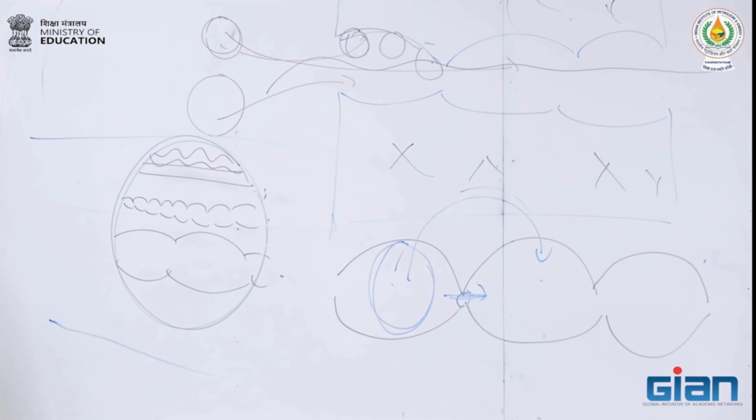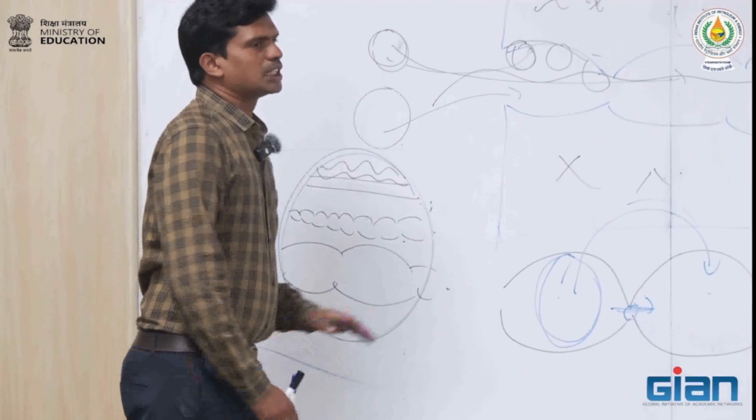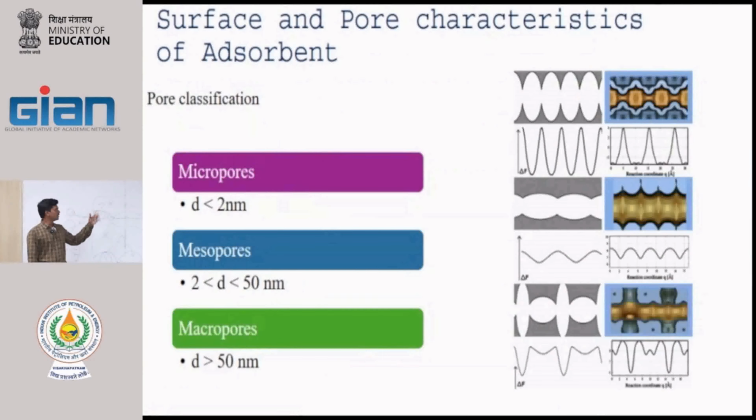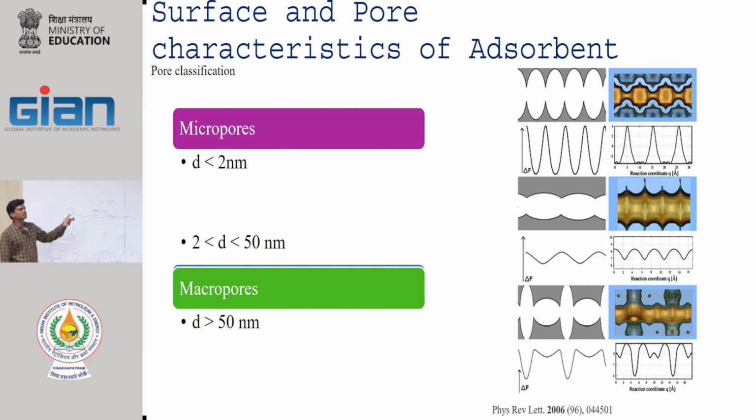Okay. As per IUPAC classification, pores are divided into three types. The micropores, which have a diameter less than 2 nanometers, that means 20 angstroms. Mesopores, which are between 2 and 50 nanometers, and any pores bigger than 50 nanometers are called macropores, right?